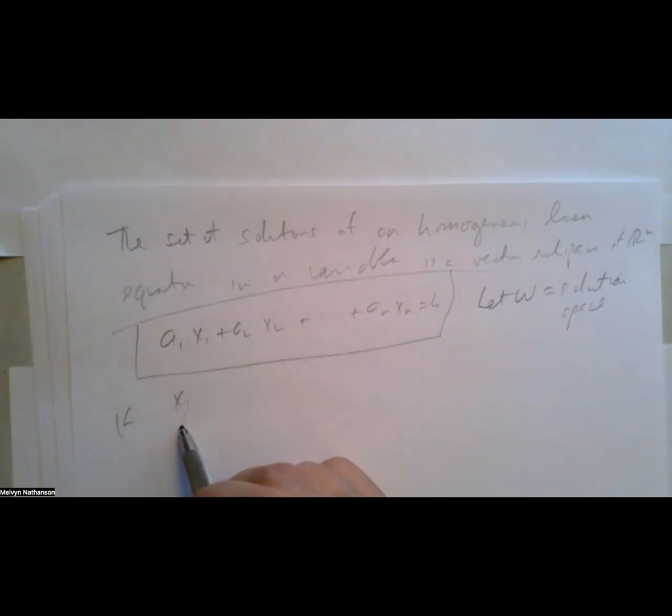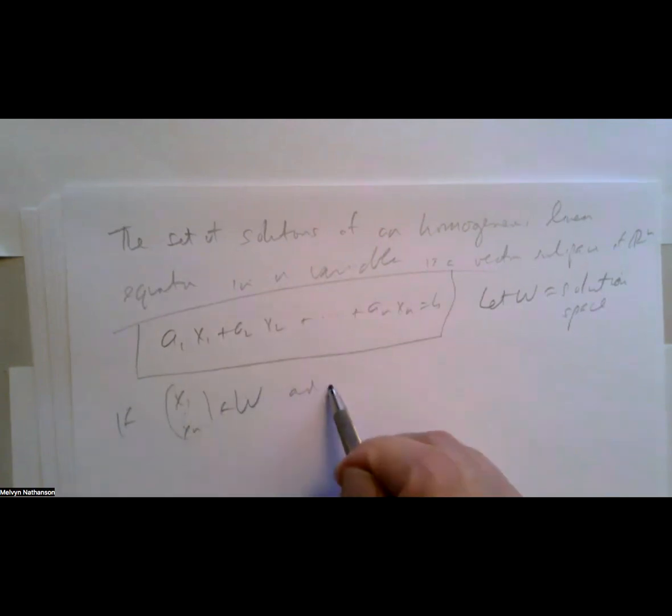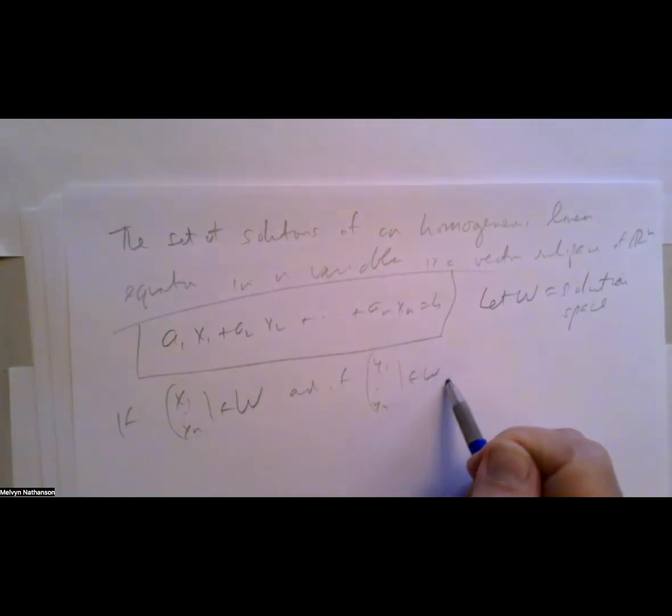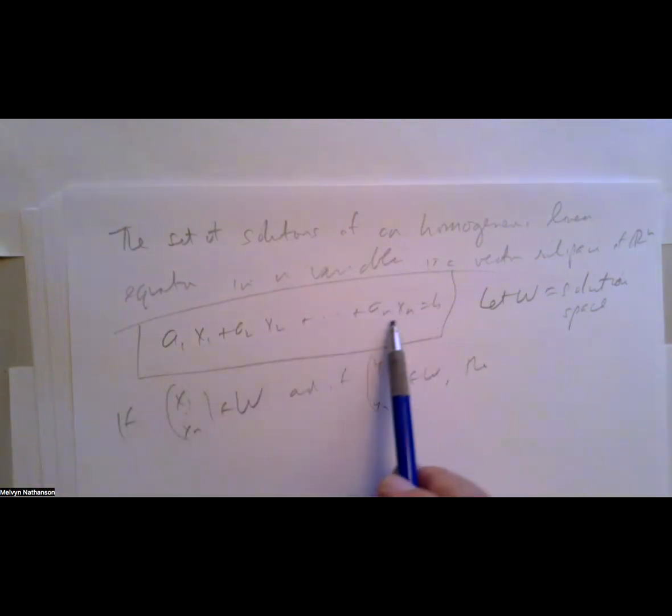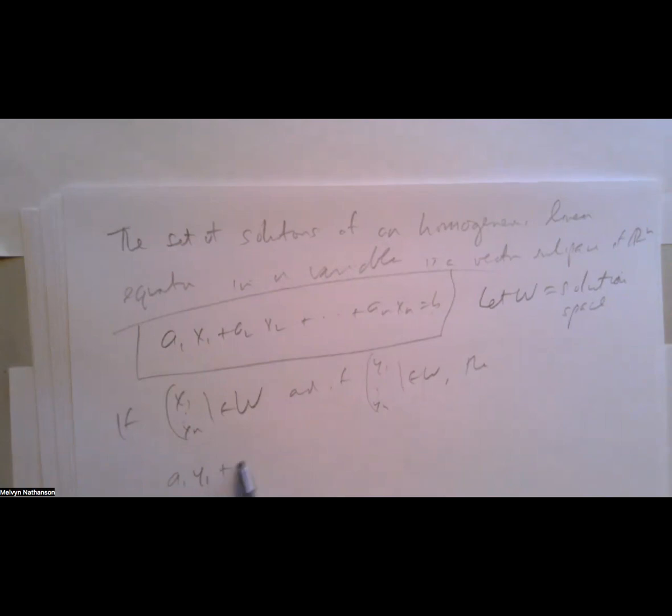So if x1 down to xn is in W, and if y1 to yn is another vector in W, then a1 x1 plus up to an xn equals b. And similarly, if I plug in the numbers y1 up to yn, I would get a1 y1 plus a2 y2 up to an yn equals b.